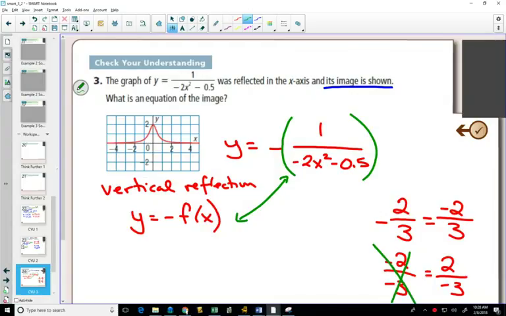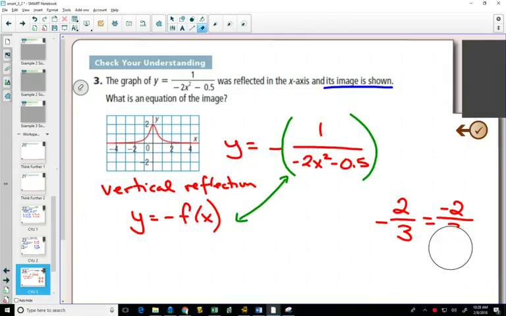All those other ways are fine. Well, a negative is like a -1. A negative out in front is like a -1. So if I'm looking at negative 2/3, I can think of it as negative 1 times 2/3. That's what a negative 1 in front means.